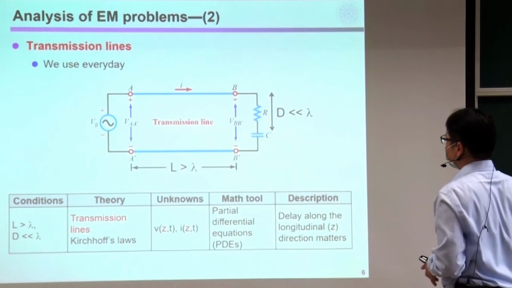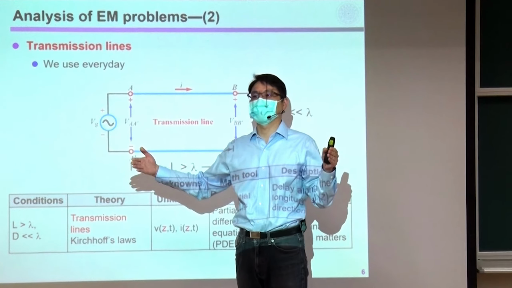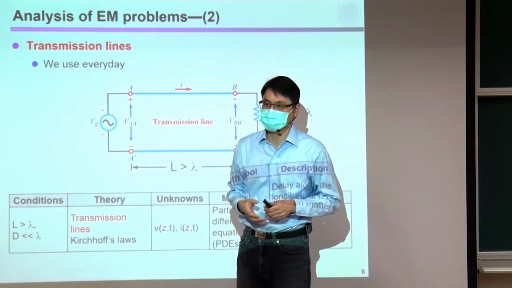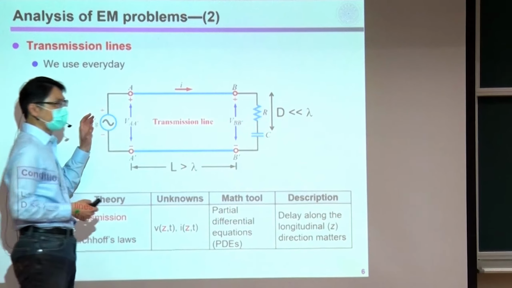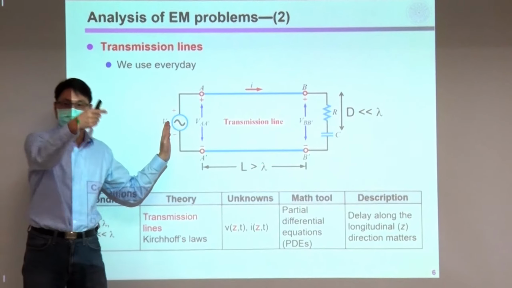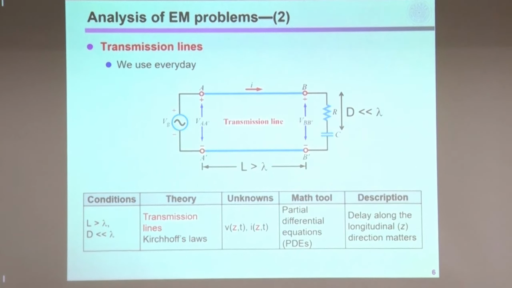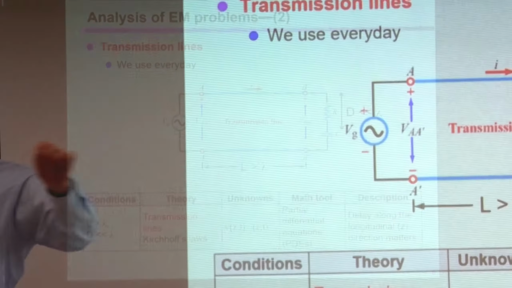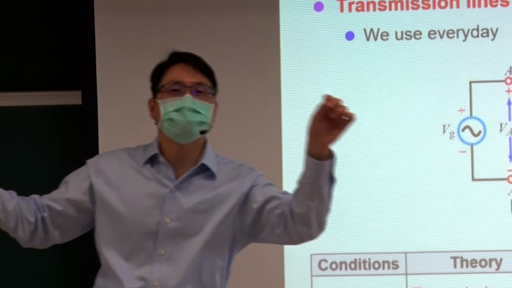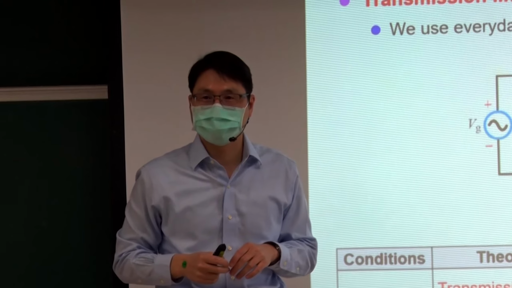What do I mean? For example, United States is very big, right? If you have a nuclear power plant built in LA, and you want to deliver the power to New York, that's probably 5,000 kilometers. So you build some wire. You have copper wires connecting Los Angeles to New York. And you deliver the power to New York.